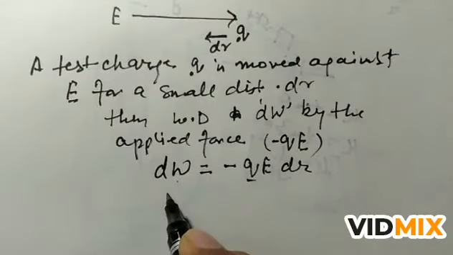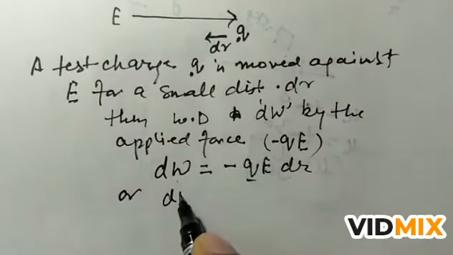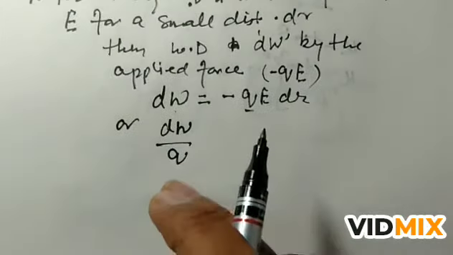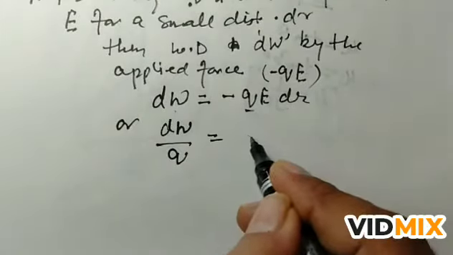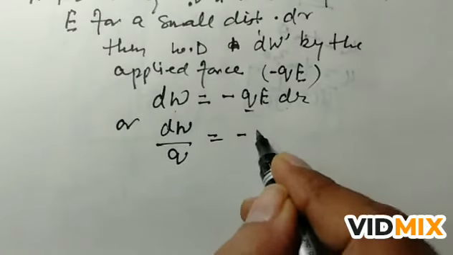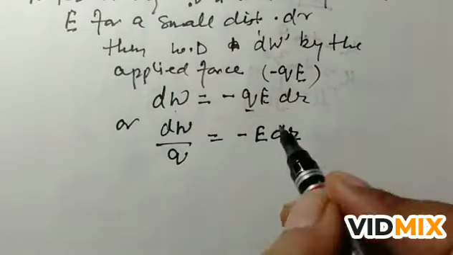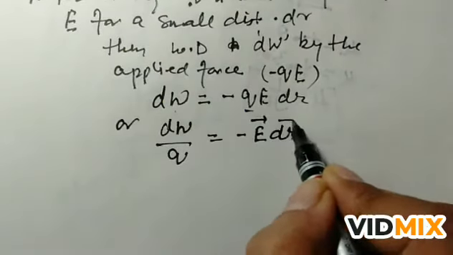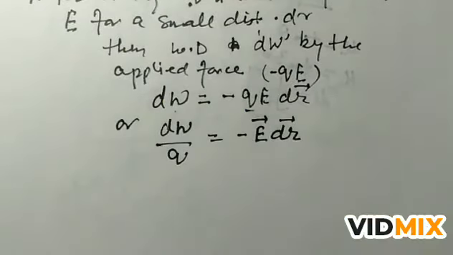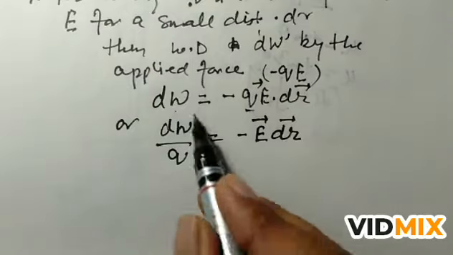Or we can write dw by q is equal to minus E dr. So what is dw by q?